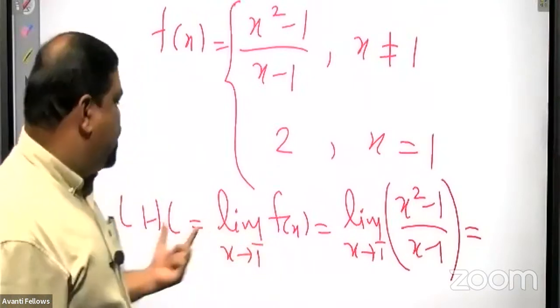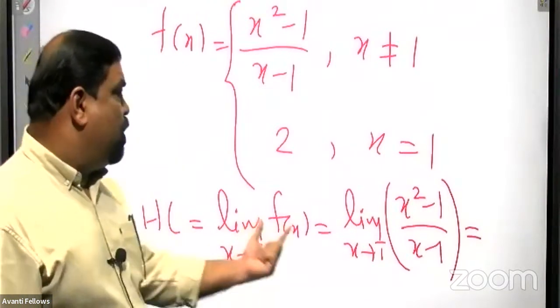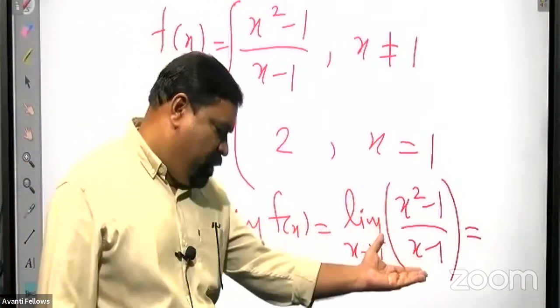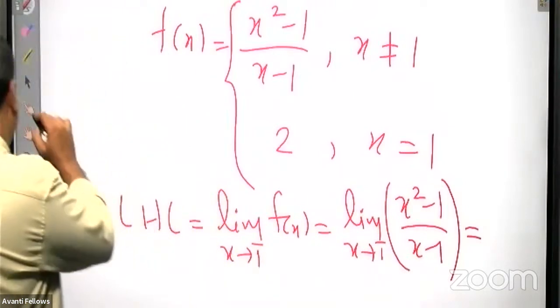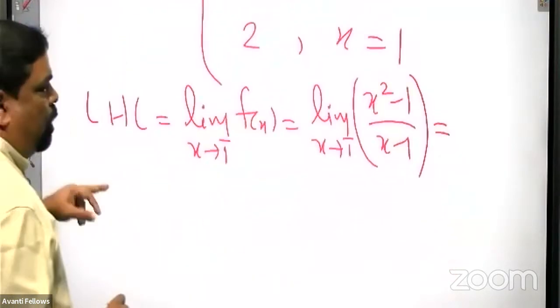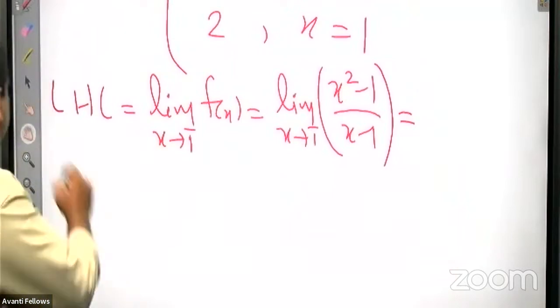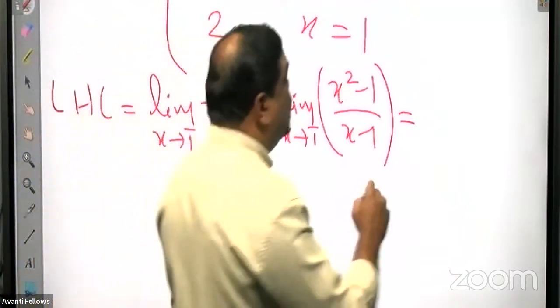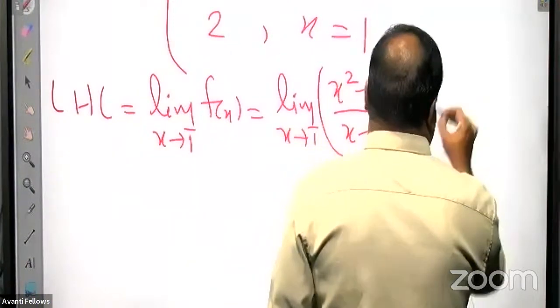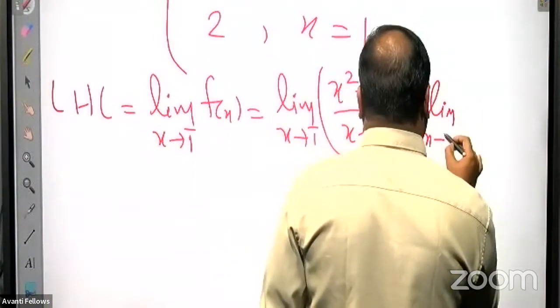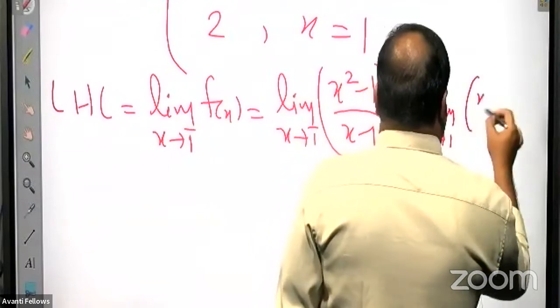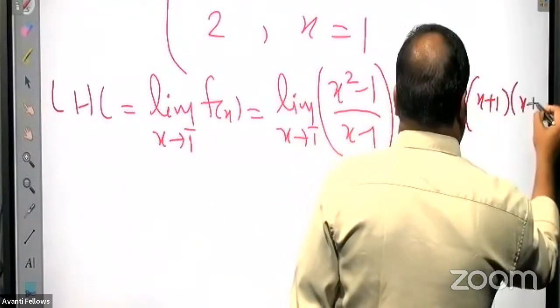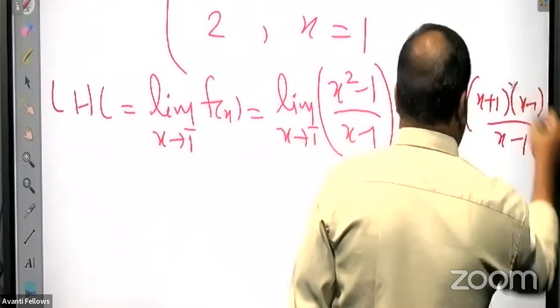Anyway, the LHL is limit x tends to 1 minus of f of x, and this limit can be easily evaluated. You know the techniques of evaluating the limit. For evaluating the limit, there are different methods. Some formulas are there, or we can factorize. So this is the same as limit of x tends to 1, x plus 1 into x minus 1 divided by x minus 1. x minus 1 cancels.